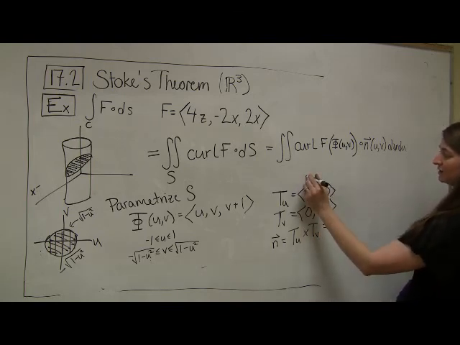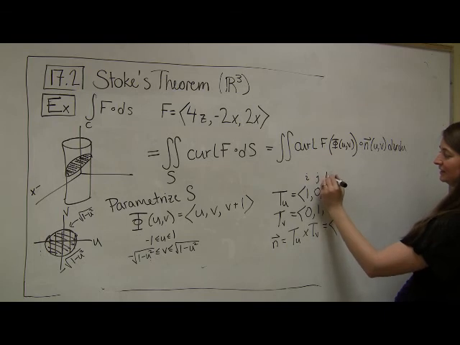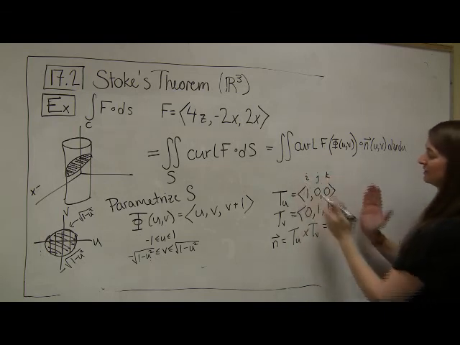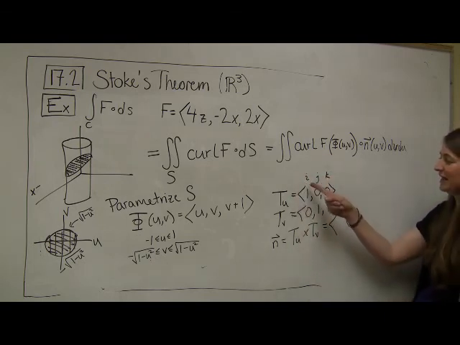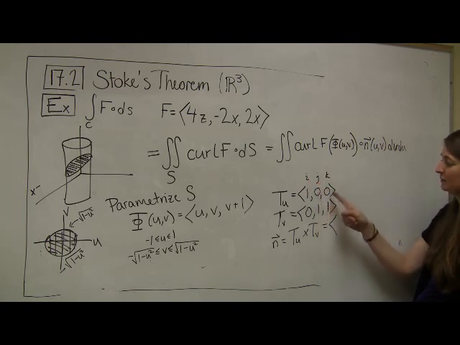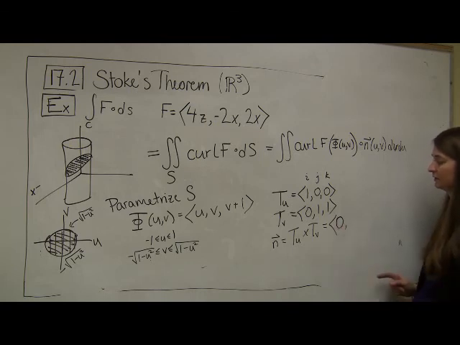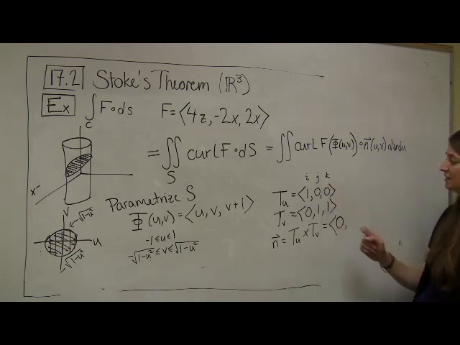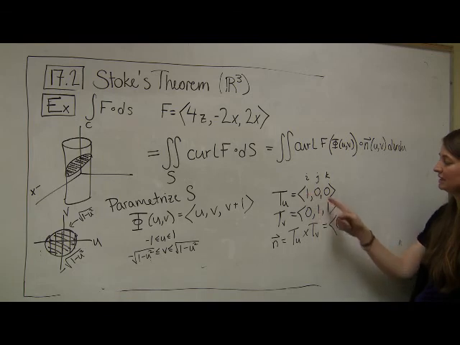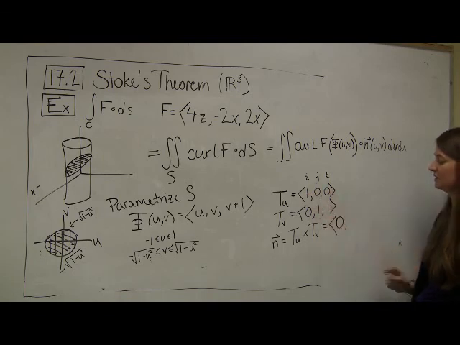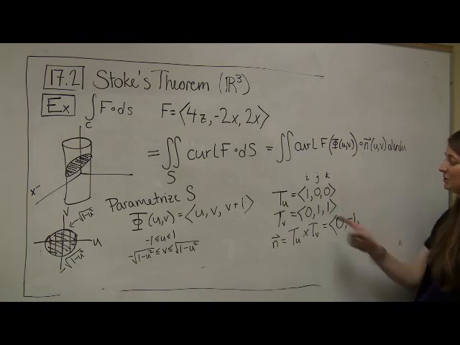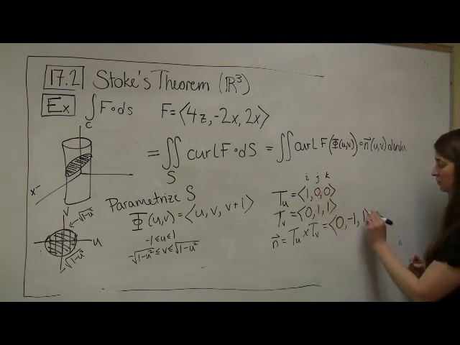I'm taking the cross products sort of quickly. I say my i component is going to be 0 times 1 minus 0 times 1, which is 0. My j component is going to be the negative of 1 times 1 minus 0 times 0, which is negative 1. And my k component is going to be 1 times 1 minus 0 times 0, which is 1.